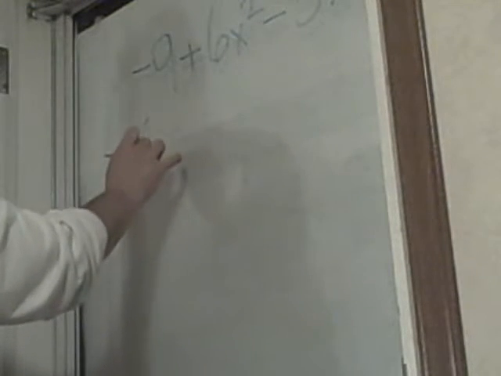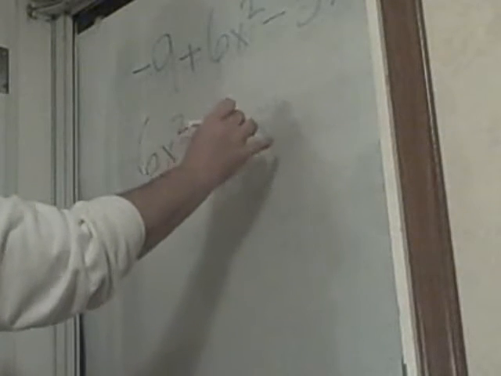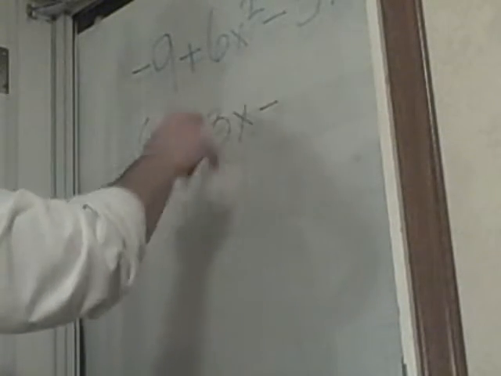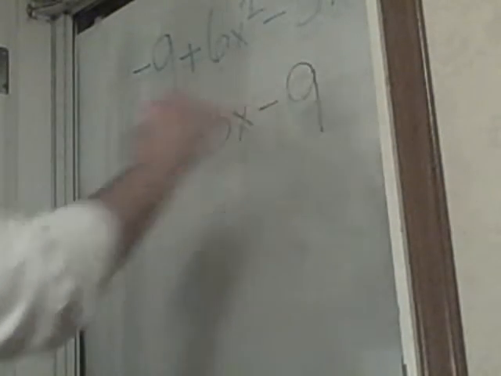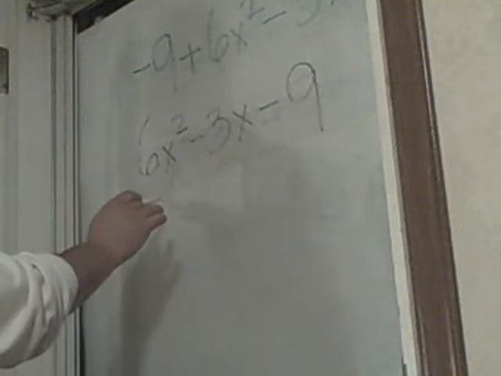If they give us something that's out of order, the first step is simply to put it in order, which means the x squared term goes first, the x term goes second, and the constant goes last. I then get to work factoring it the same way I factored it previously.